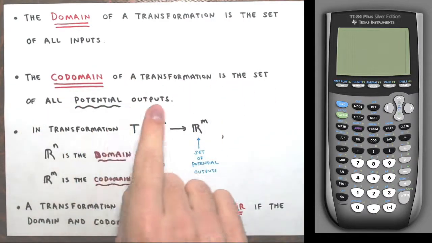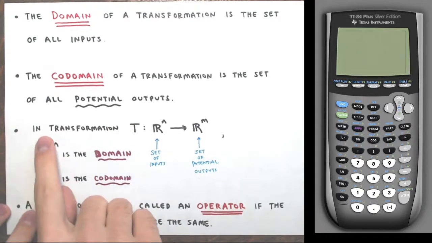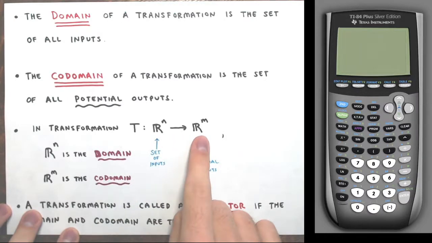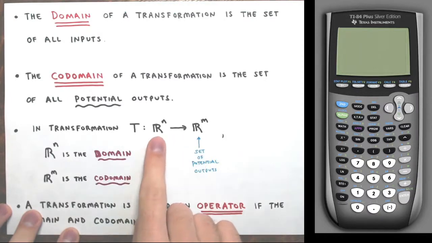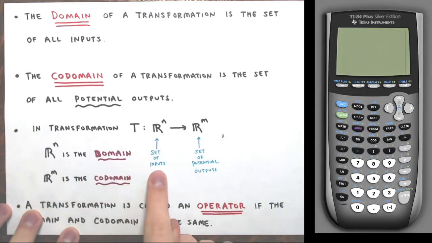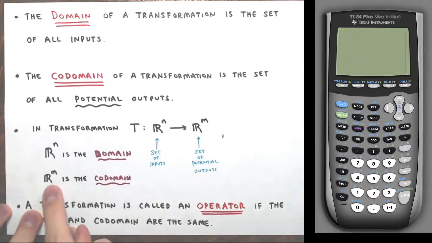That's why I say the codomain of a transformation is the set of all potential outputs. So in the transformation T from Rn to Rm, the first set, Rn, is the domain, the set of inputs. And that second set after the arrow, Rm, is the codomain, the set of potential outputs.